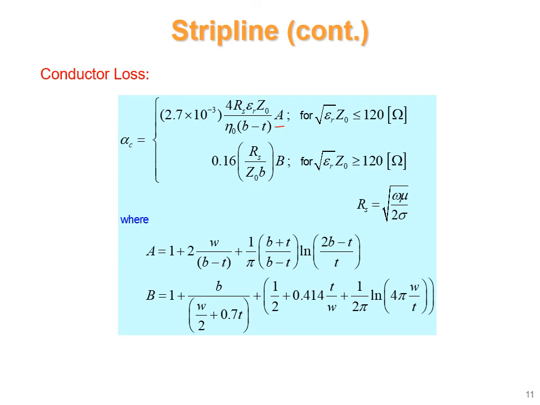So these are the formulas for A and B. Like this we can calculate the conductor loss also for a strip line. In the next lecture we will see the microstrip line. Thank you.